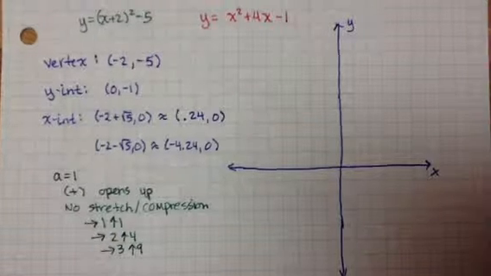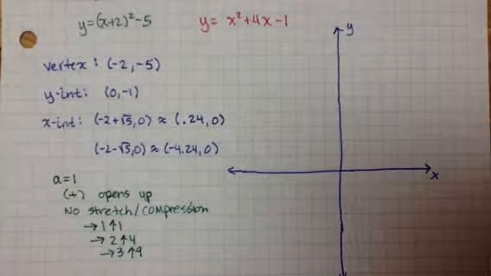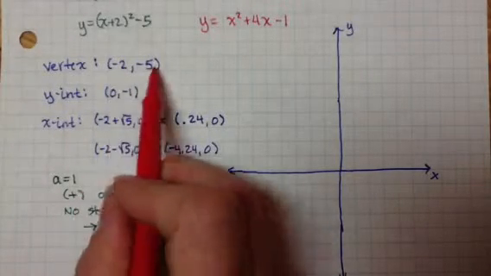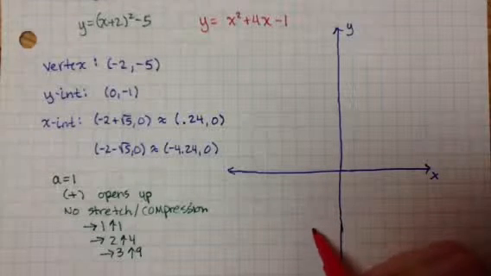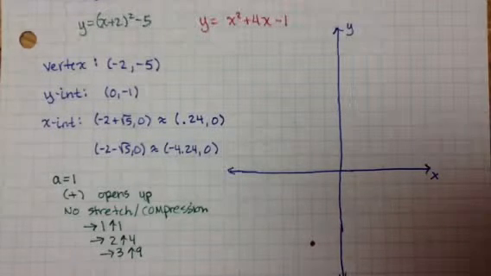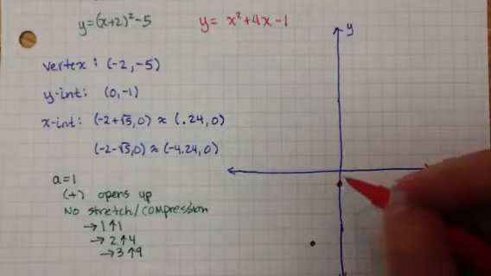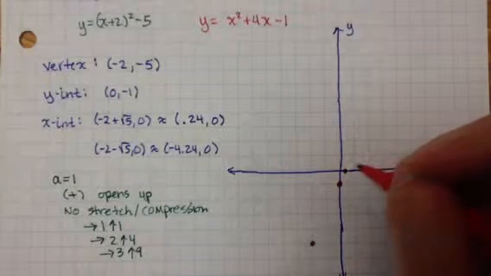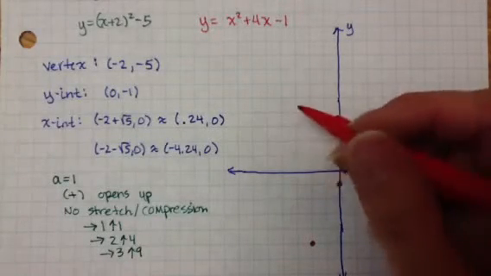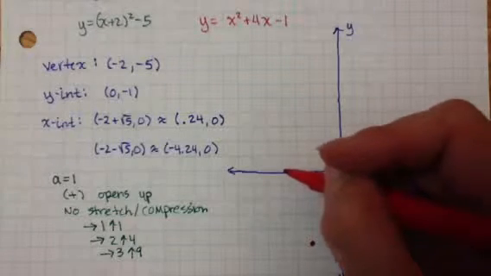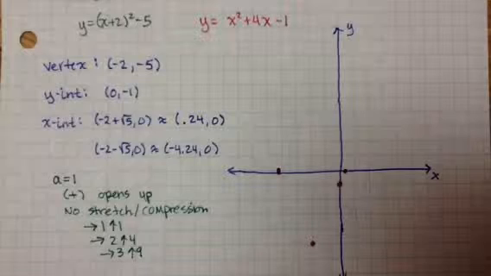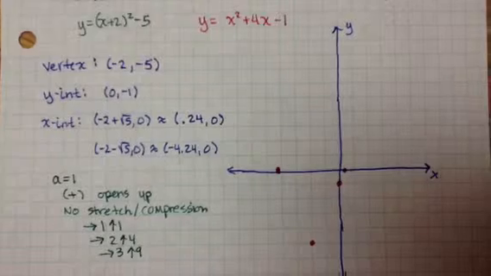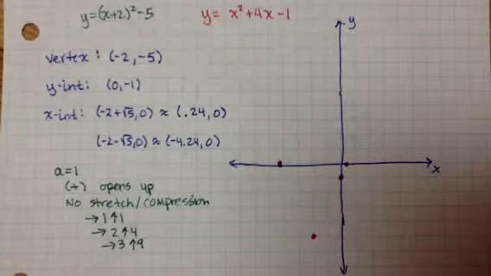So when we graph our parabola, both of our parabolas, since it's the same one, we will put our ordered pairs for our vertex, (-2, -5), and the y-intercept at (0, -1), and the x-intercepts at about 0.24 and at -4.24, right about there. We can use the pattern for growing to get some more ordered pairs, because this really isn't enough for us to get a very accurate picture.